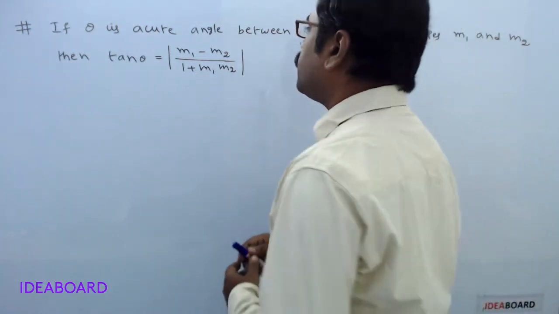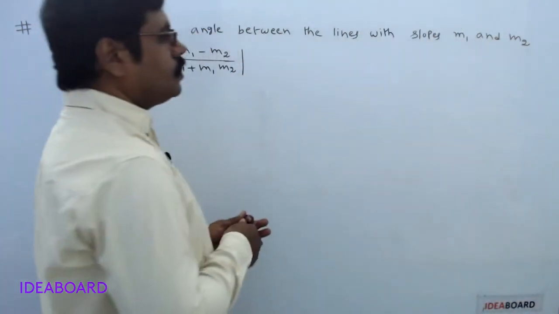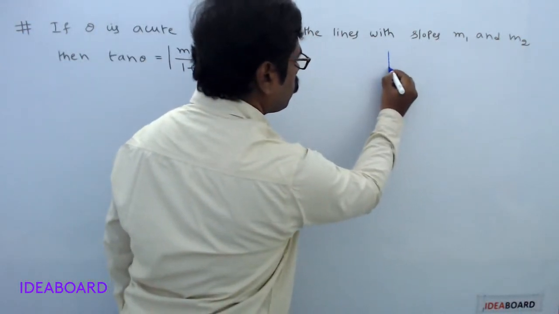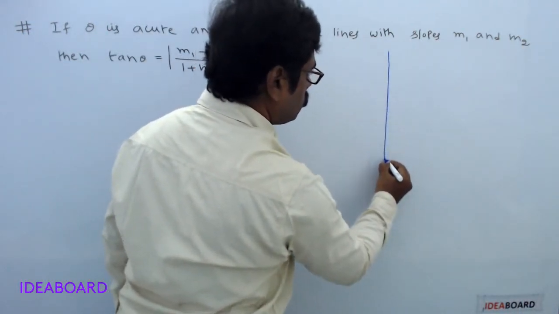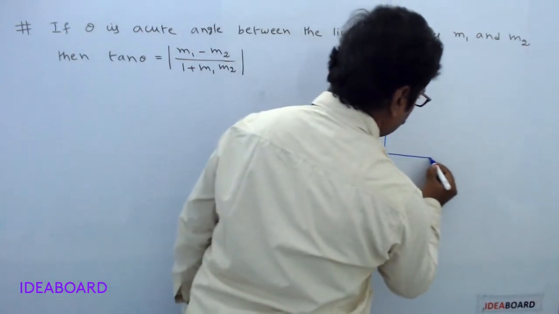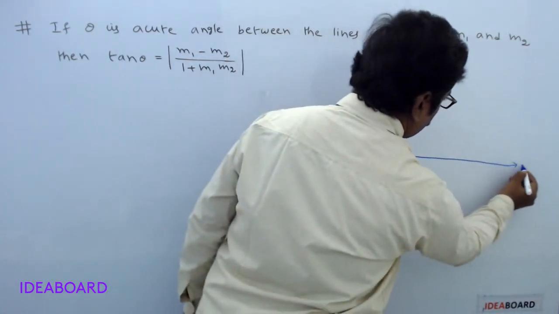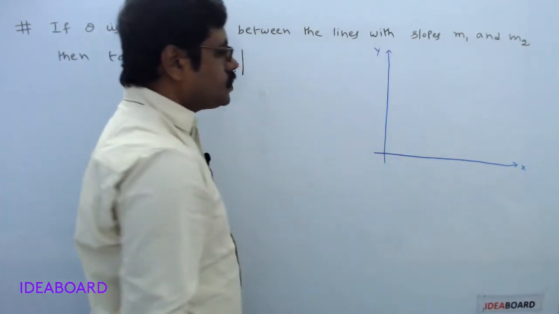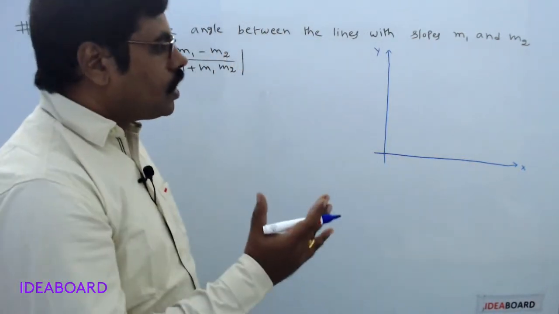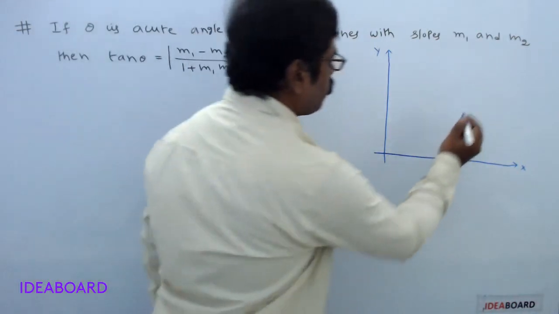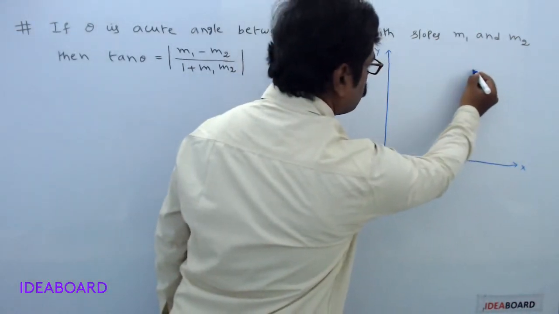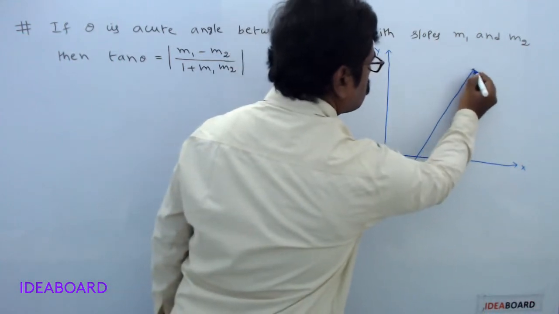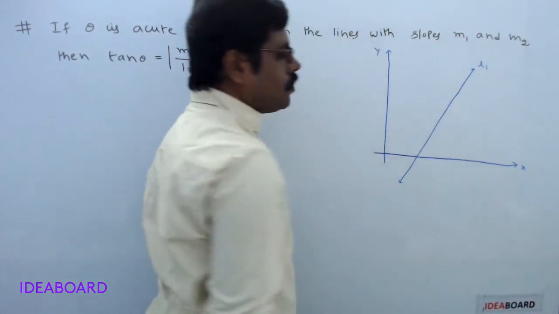First draw the coordinate axis. Suppose this is the x-axis, this is the y-axis. Now draw two lines. Suppose this is a straight line L1.